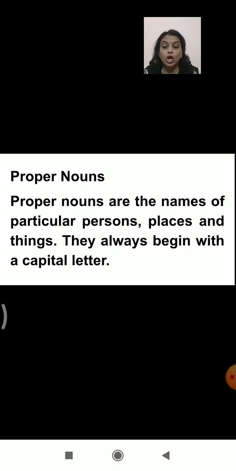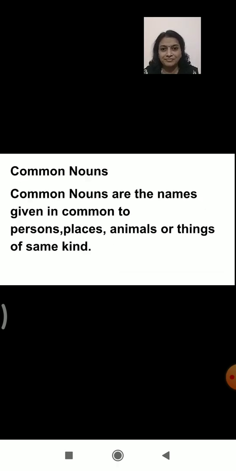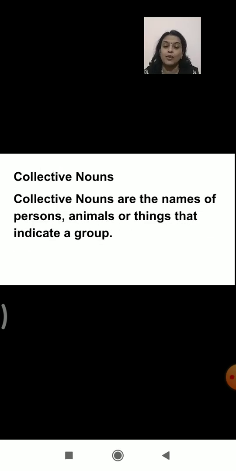Then what do you mean by common nouns? Common nouns are the names given in common to persons, places, animals, or things of the same kind. And what are collective nouns?